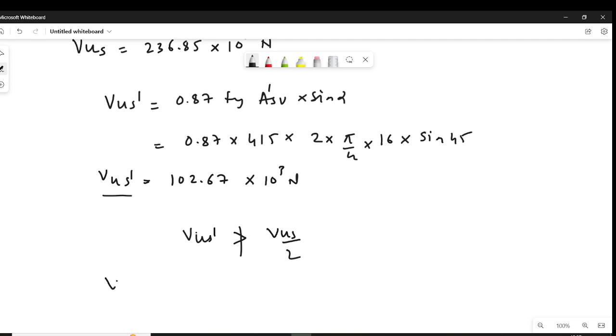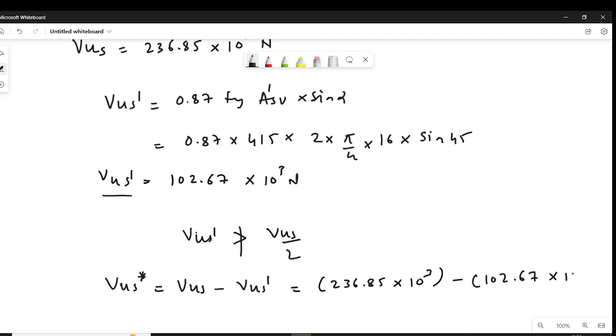After that we have to find Vus star. Vus star equals Vus minus Vus dash. So Vus is 236.85 into 10 to the power 3. All the things should be in Newton, minus 102.67 into 10 to the power 3.